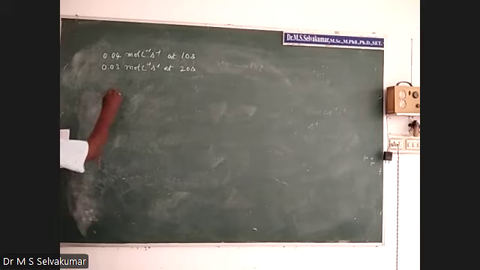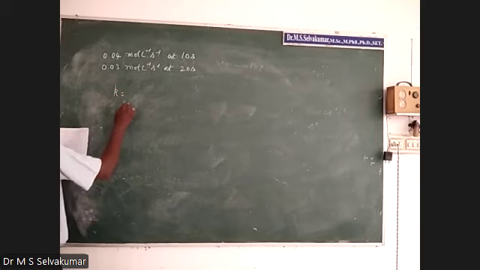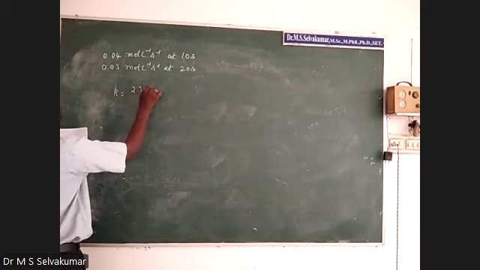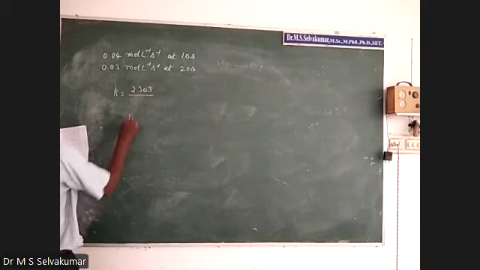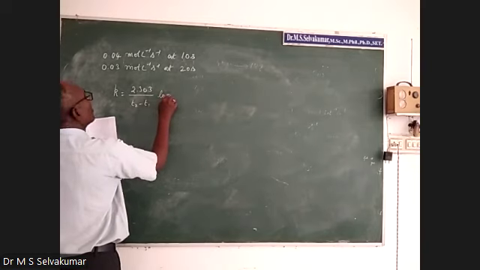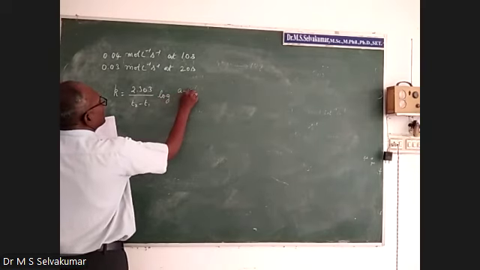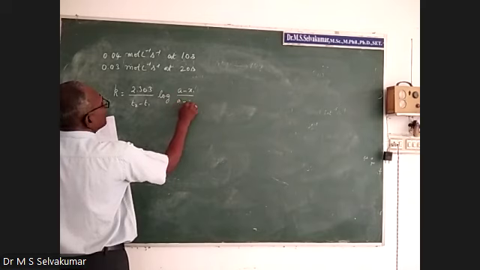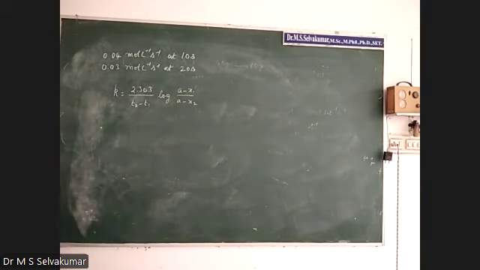So first you have to find out K. K is equal to 2.303 by t2 minus t1, log of a minus x1 by a minus x2. At various times, it has to be substituted, because we do not know the initial concentration.